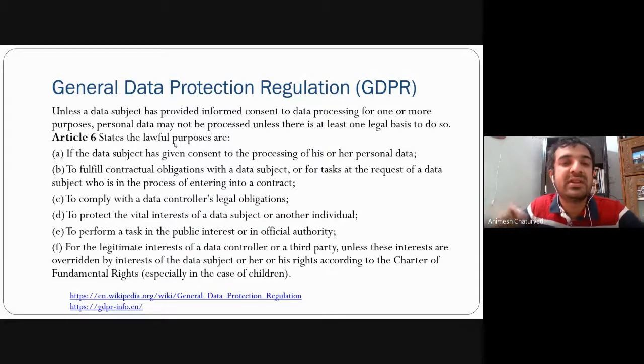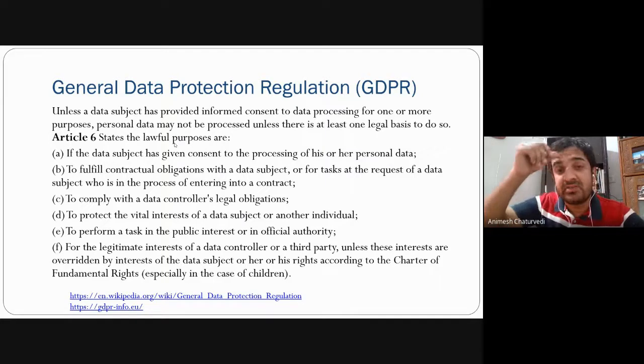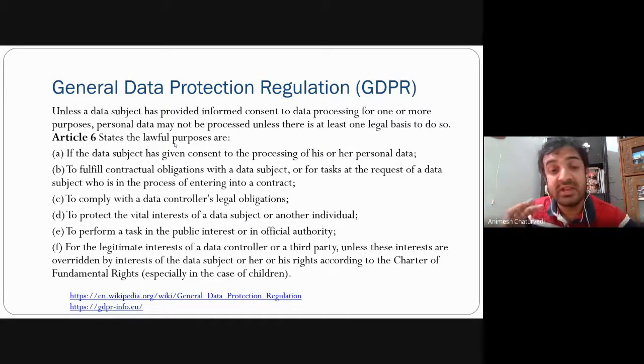Any organization should not proceed with personal data analysis or behavioral analysis until you have taken permission from that person. This is what it means in simple layman terms.